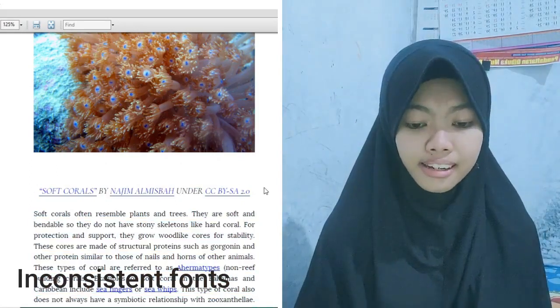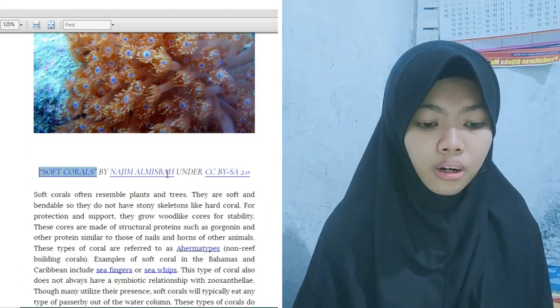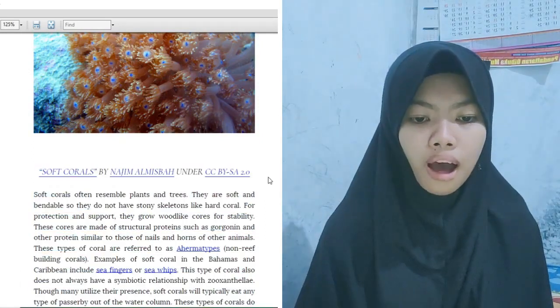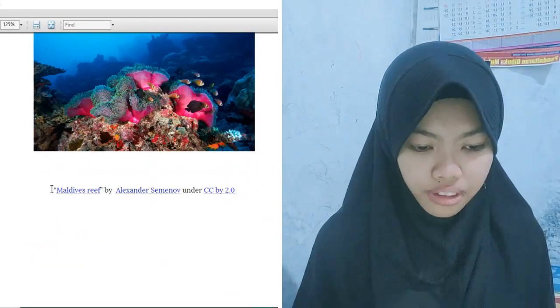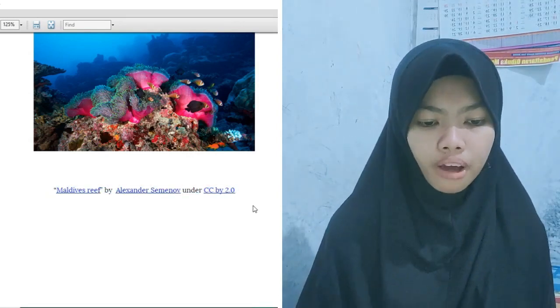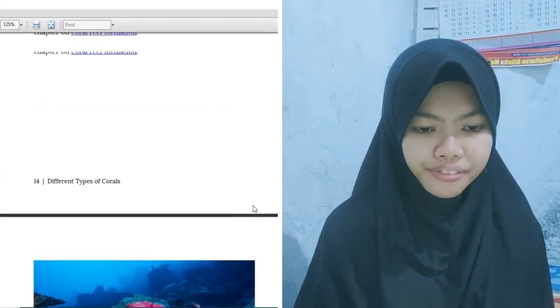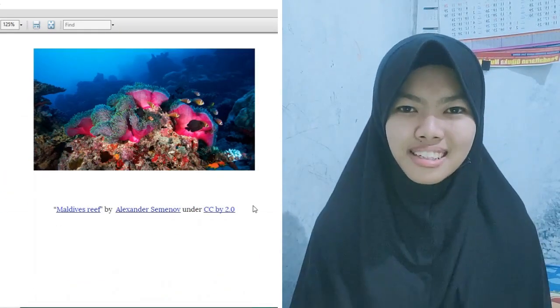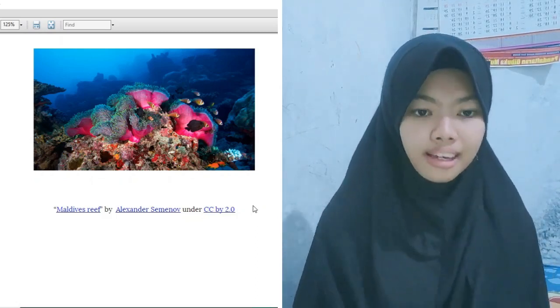As you can see here, the letters are all uppercase, while in this picture, the letters are not uppercase. Well, it is really not a big problem, but it seems kind of unprofessional for a book to be like this.